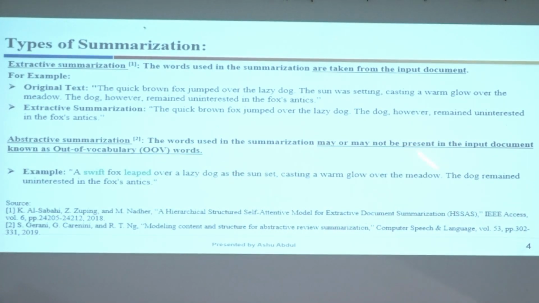In the abstractive summary, the words I have marked in green are not present in the original input text. This is abstractive summarization, which tries to overcome some of the limitations of extractive summarization. In the next slides, we are going to look into it.